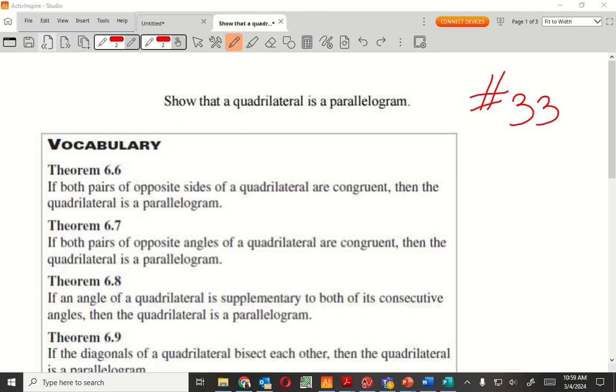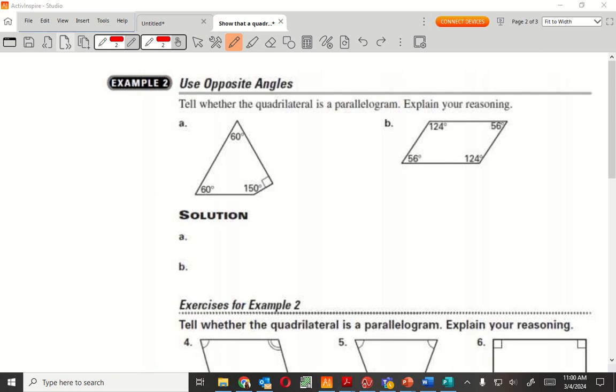If both pairs of opposite angles of a quadrilateral are congruent, then the quadrilateral is a parallelogram. Opposite angles are congruent. So let's look.